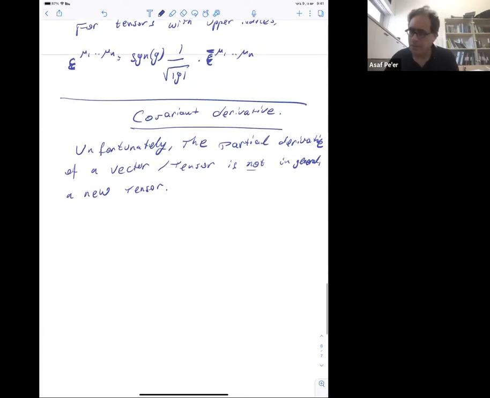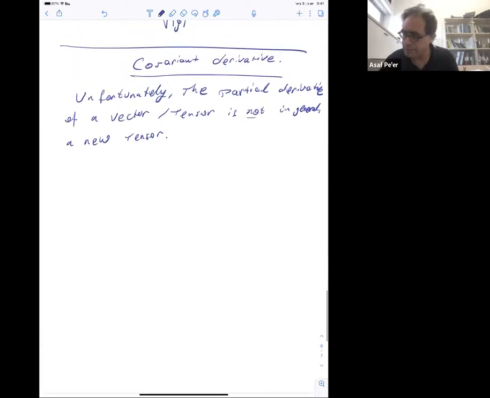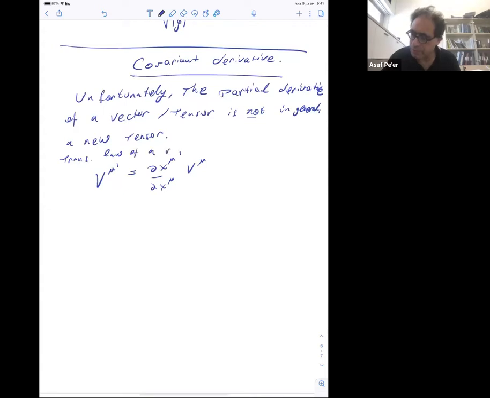So let's say we have a vector v mu. The transformation law of a vector is v mu prime equals dx mu prime over dx mu times v mu. We just showed that.